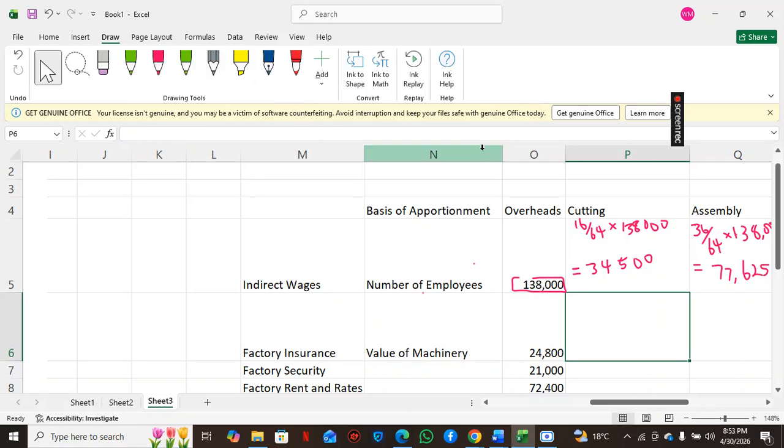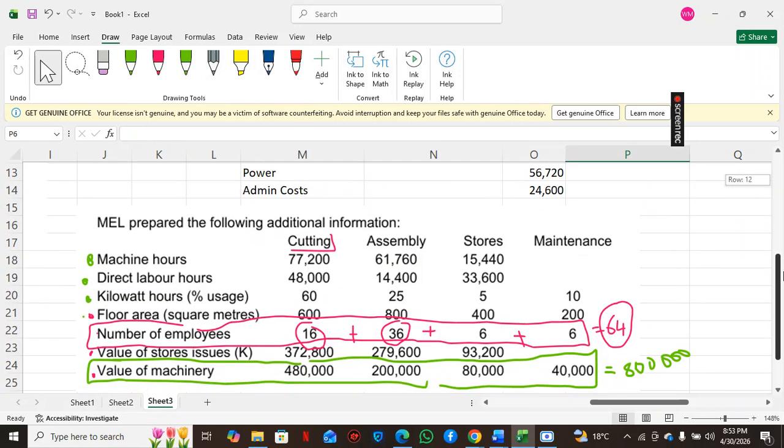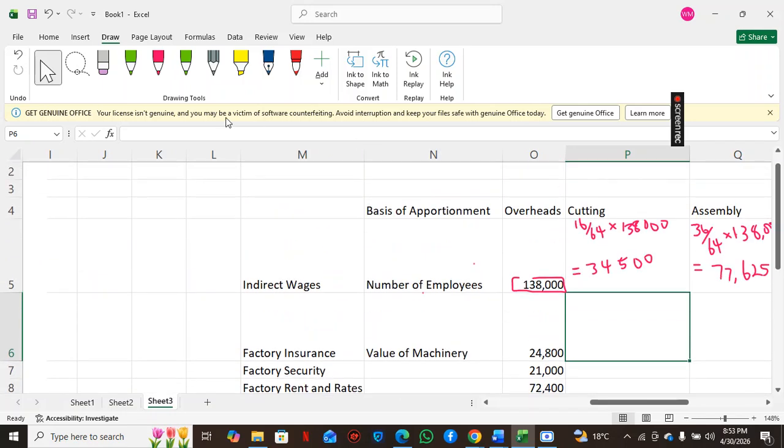For the cutting department, 480 over 800. This 24,800 is the amount that is being shared. So 480 over 800 times 24,800. What do we get?